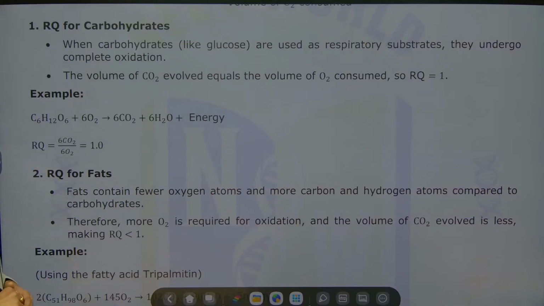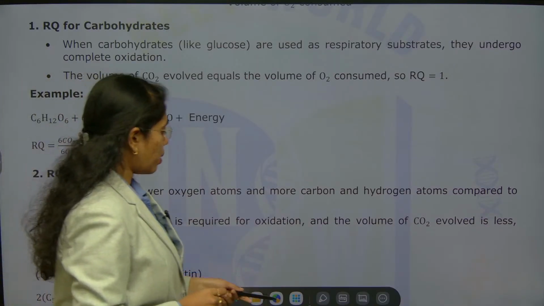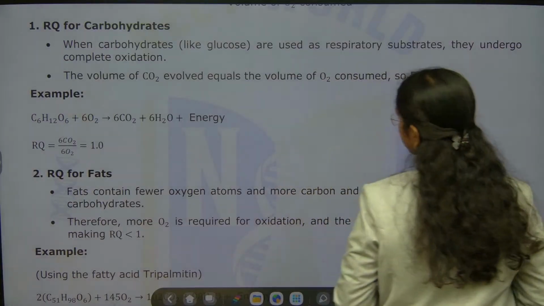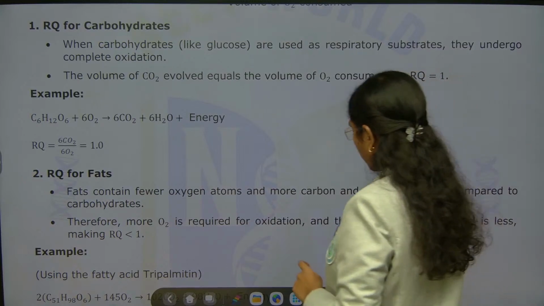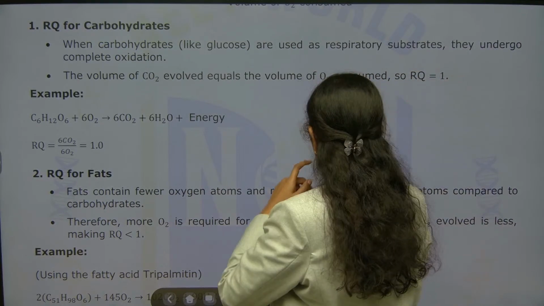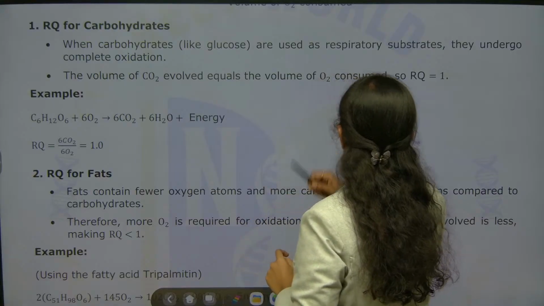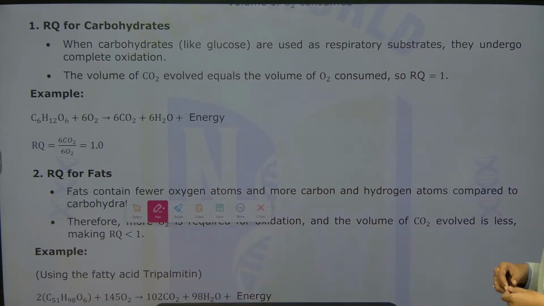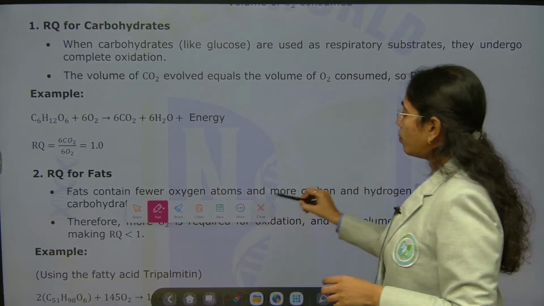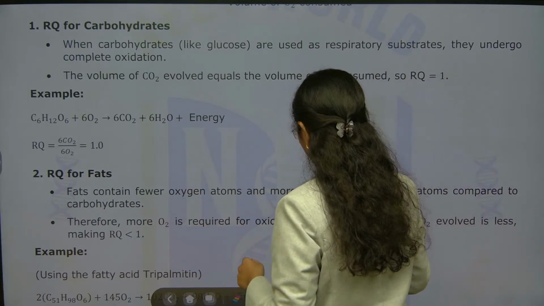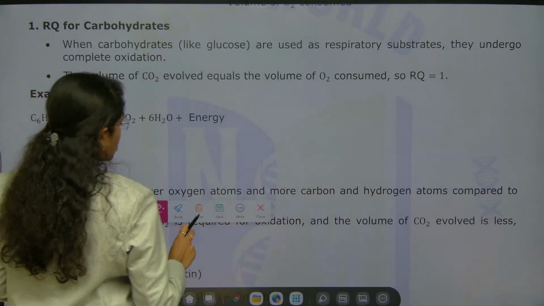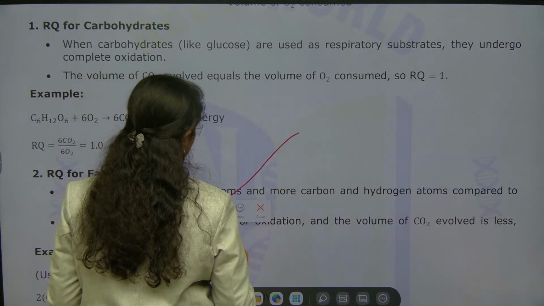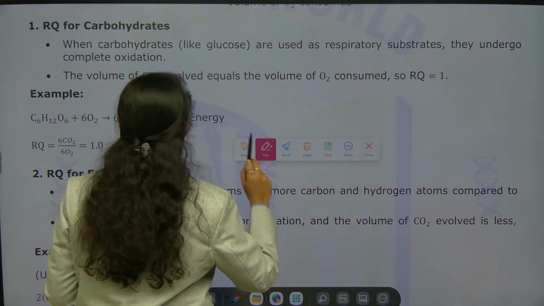Here if you see carbohydrates, for example glucose, they undergo complete oxidation. The volume of carbon dioxide evolved equals the volume of oxygen consumed here. Give this out with the formula.